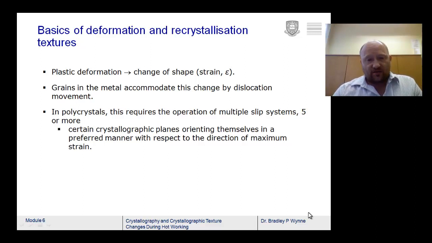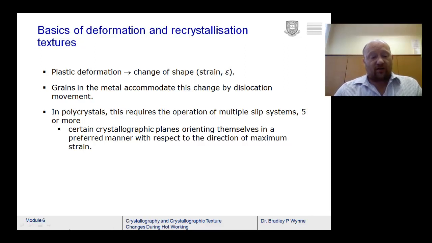So when we have plastic deformation, we also have lattice rotation. That means that our crystal rotates. In polycrystalline deformation, we have to have 5 slip systems operating to accommodate the plastic strain. That means we have 5 different slip systems that are independently rotating the orientation of our grain. Therefore, as we deform the material, our individual grains within our material rotate to accommodate the plastic strain.